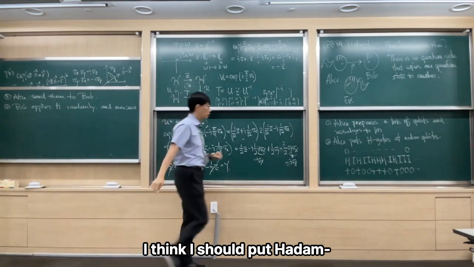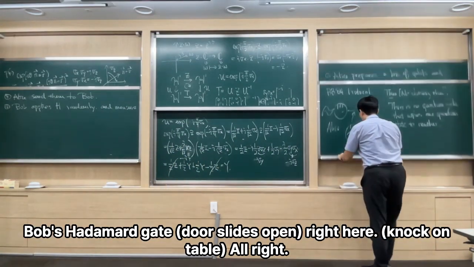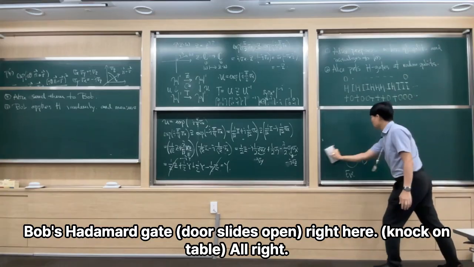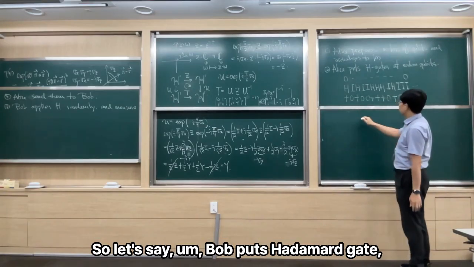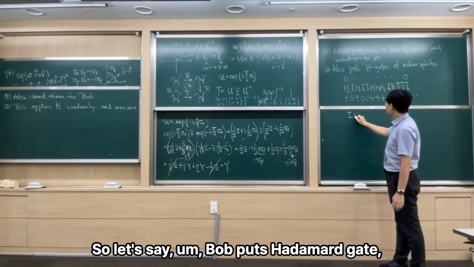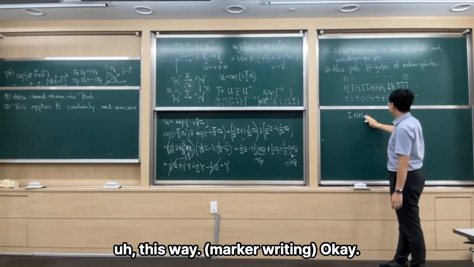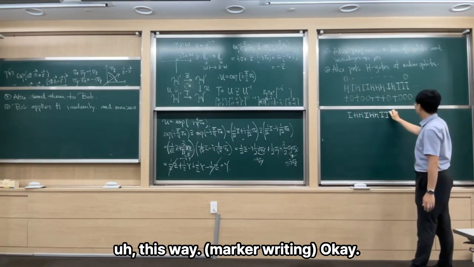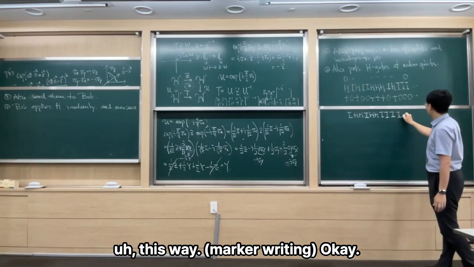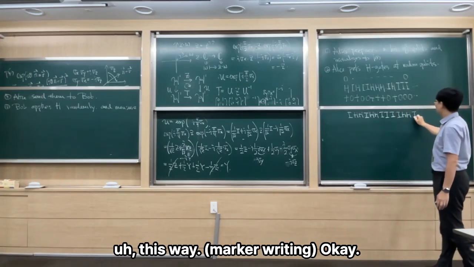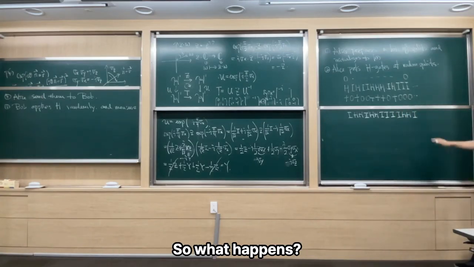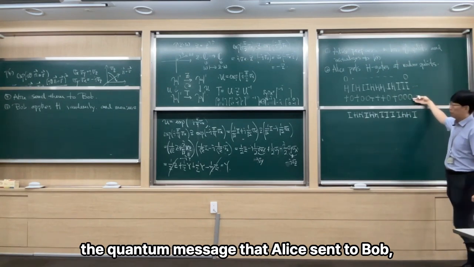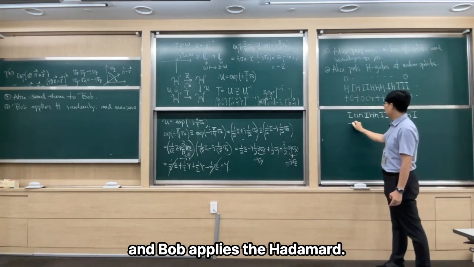I think I should put Bob's Hadamard gate right here. All right, so let's say Bob puts the Hadamard gate this way. Okay, so what happens? So this was the original message, the quantum message that Alice sent to Bob, and Bob applies the Hadamard.